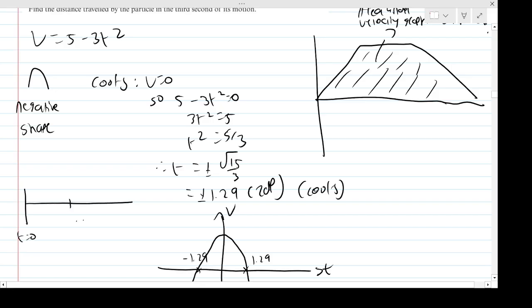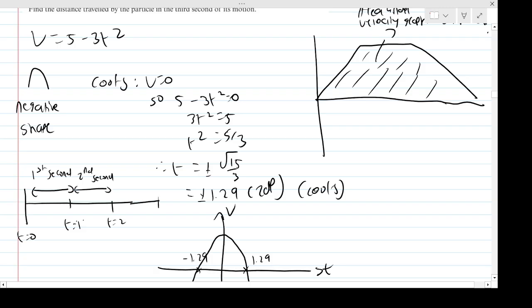Then if I go up to t = 1, this is actually the 1st second. Okay, that makes sense. Between t = 0 and t = 1, that's 1 second in between. So that's the 1st second. Then when t = 2, that's the second second, right?